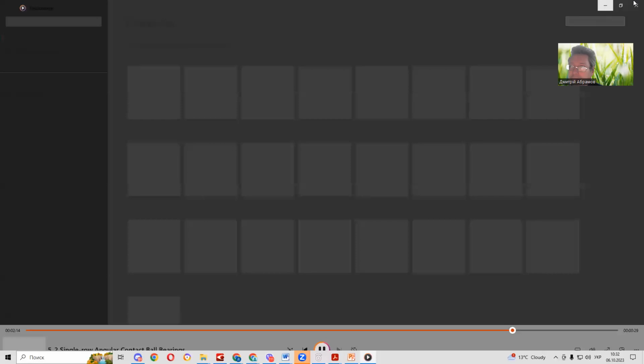Tolerance interval of the housing set. It's yellow color. Green color again. It's the tolerance field of the ring of the bearing, and tolerance interval of the shaft set.